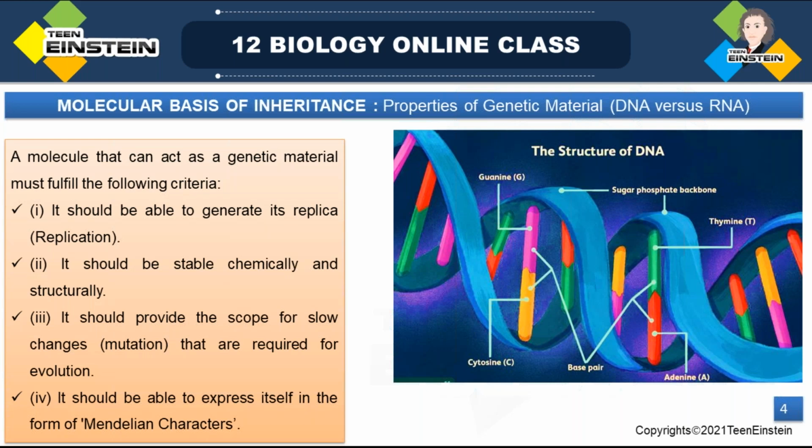Some changes may happen and it will evolve. But if the changes are fast or sudden, it is very difficult to manage. And it should be able to express itself in the form of Mendelian characters. Got it? So these are the characters one genetic material should have.